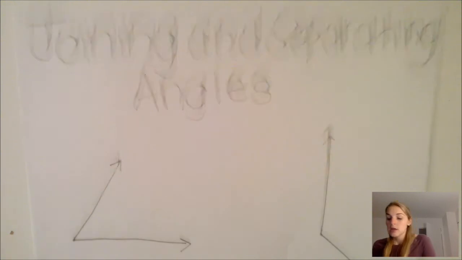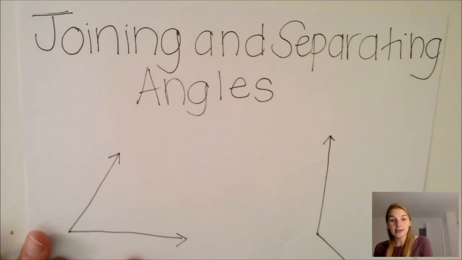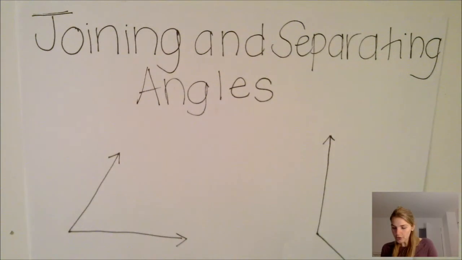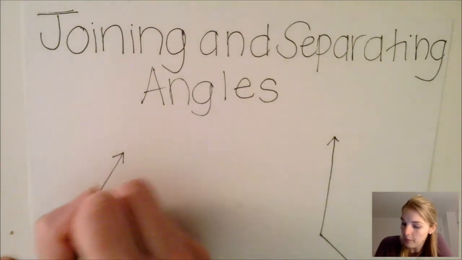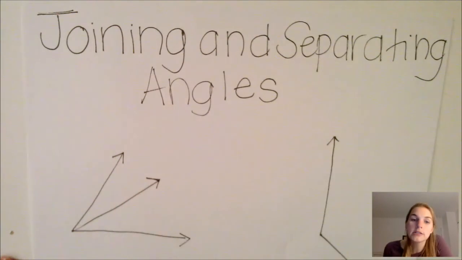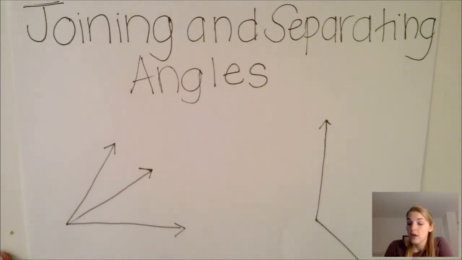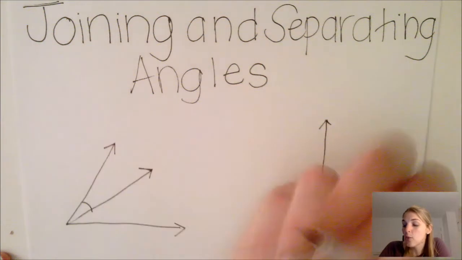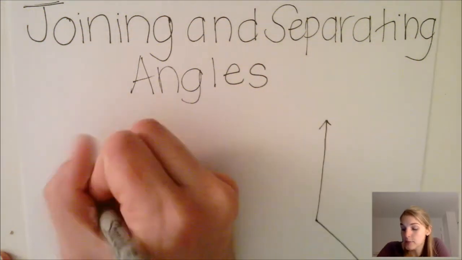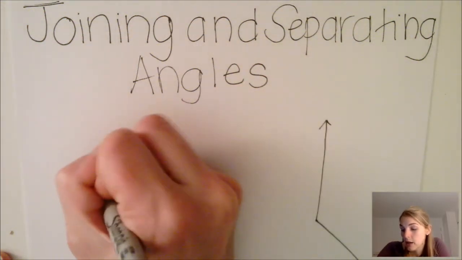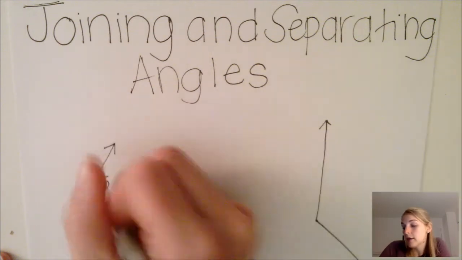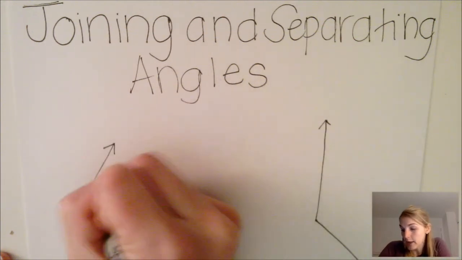So right here, you can see that I have an acute angle. It's less than 90 degrees. And what you're going to get is a problem where an angle is split up. It doesn't necessarily have to be in half. It can be split anywhere. Let's say that this angle is 15 and this angle is 20.